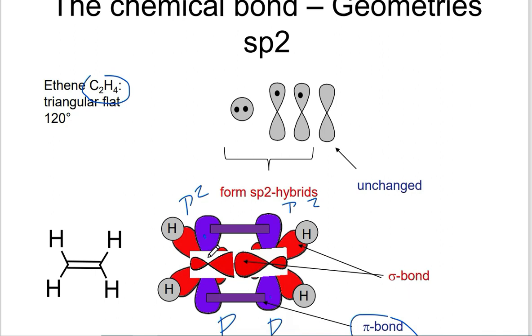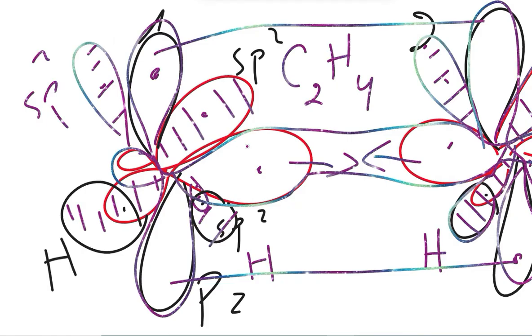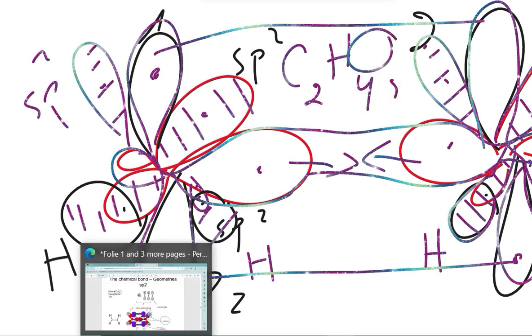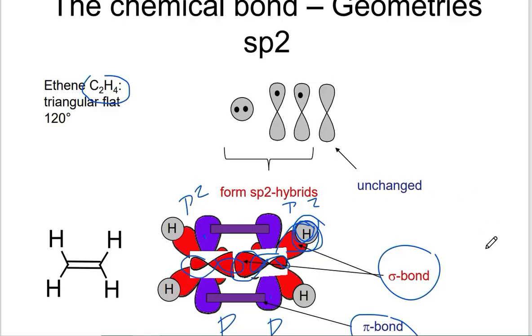When it's coming from sp orbital, so a hybrid, then it is sigma bond. This is an sp with an s. So here we are only talking about the carbon orbitals, and the hydrogen orbitals are still the s sphere. So the bond actually is taking place between the s of the hydrogen and the sp of the carbon.